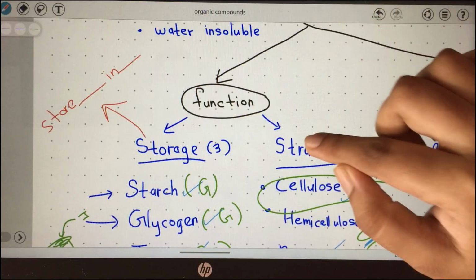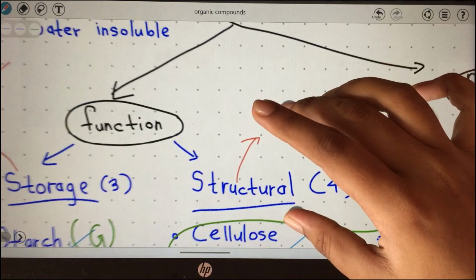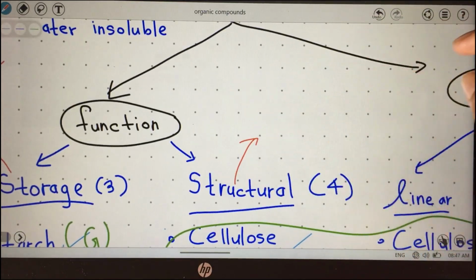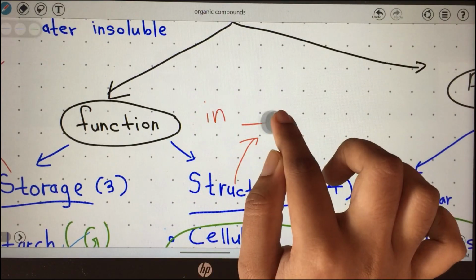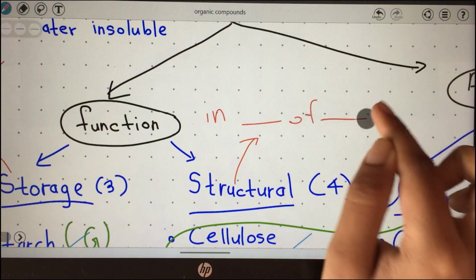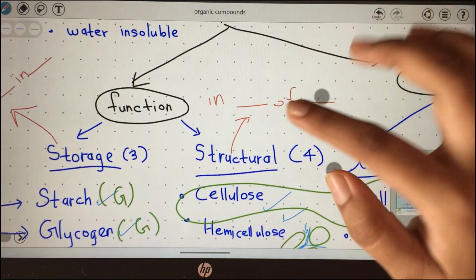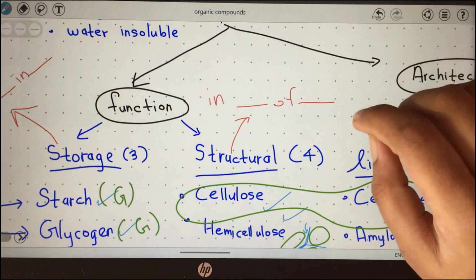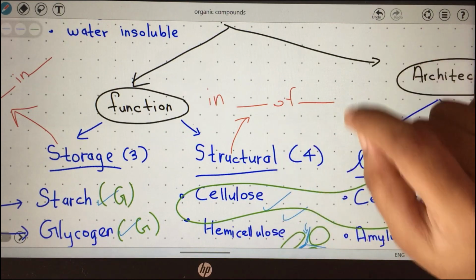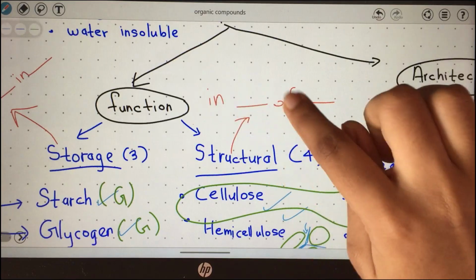Do you get it? Now, when it comes to structural, there's a format of sentence you have to always write. It's found in dash of what? Now, cellulose in the cell wall of plants and chlorophytes, and then hemicellulose in the cell wall of plants.